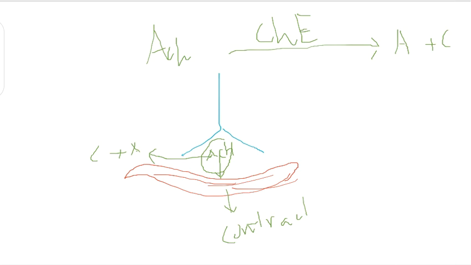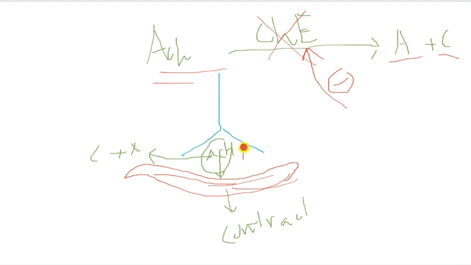Anticholinesterase agents are drugs which act against the cholinesterase enzyme. So they block the cholinesterase, and acetylcholine will not be converted into acetate and choline.